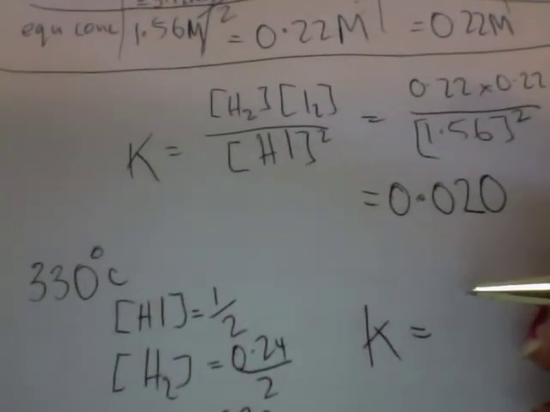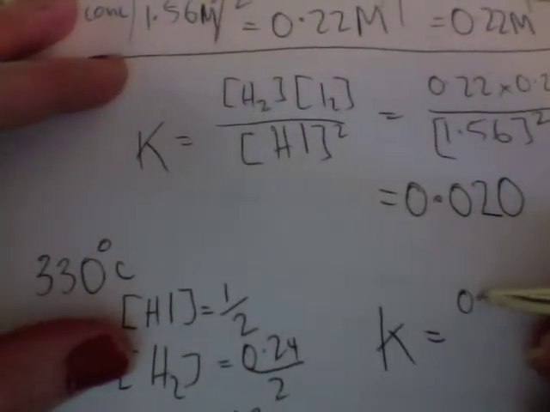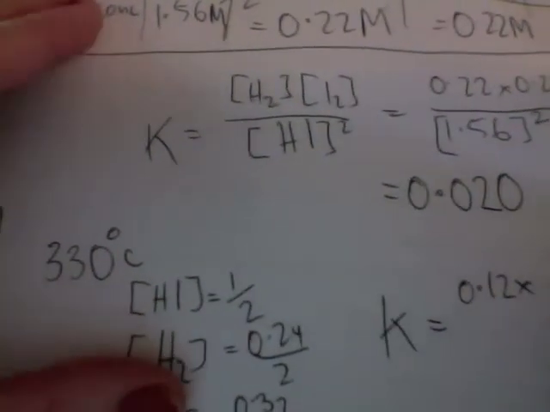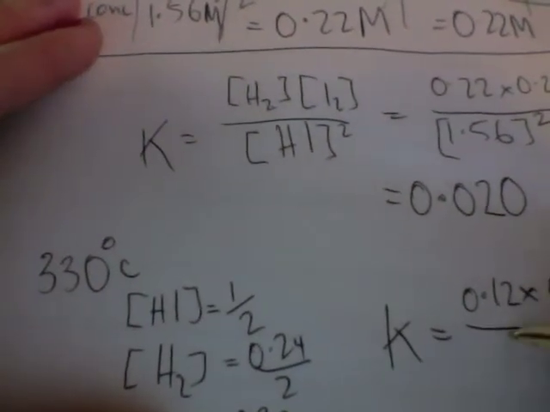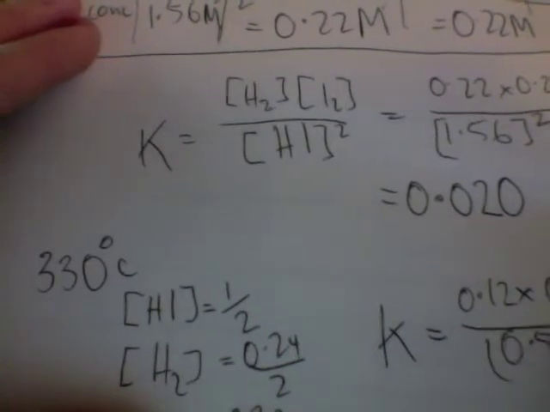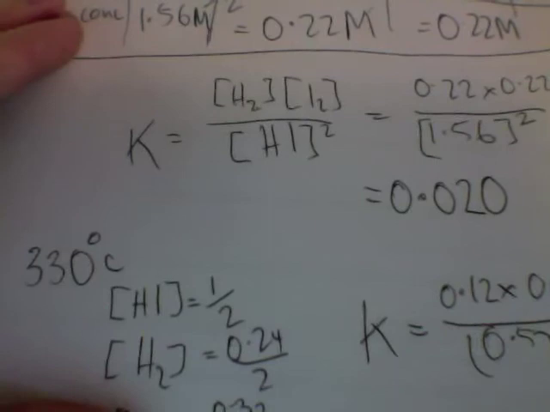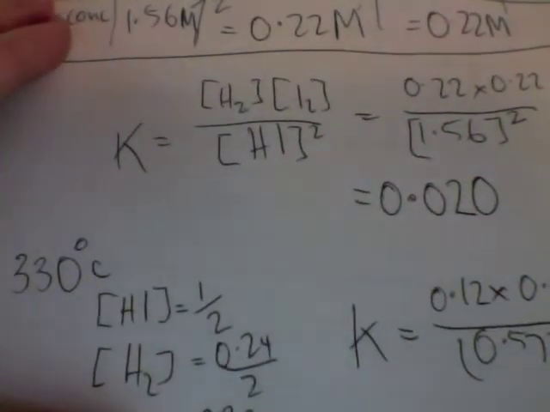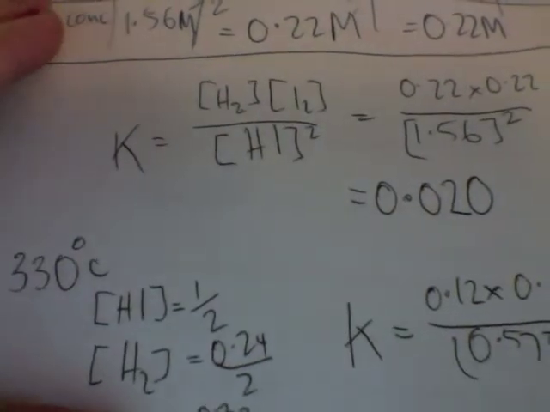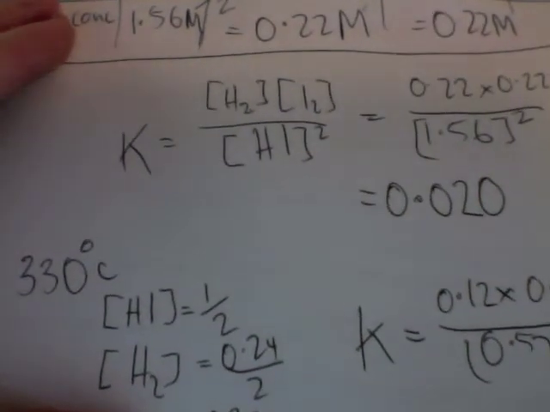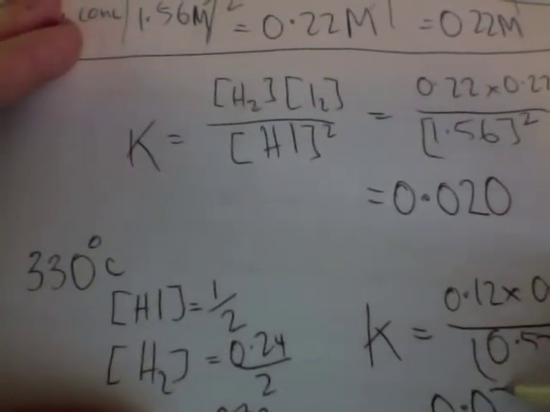Now, we have 0.12 times 0.16 divided by 0.5 squared. Let's work that out. 0.0768.